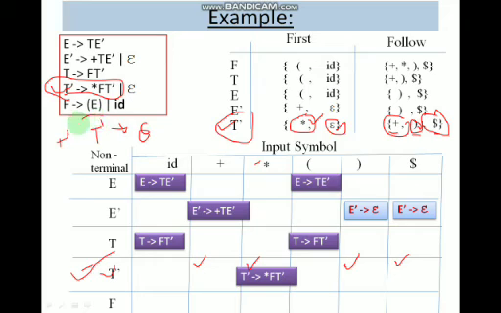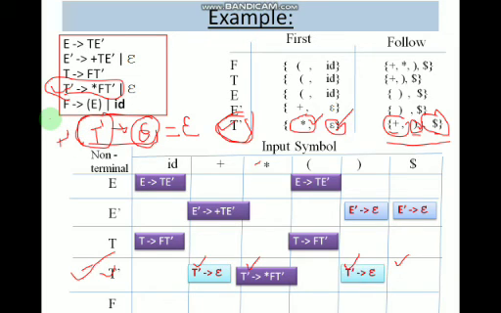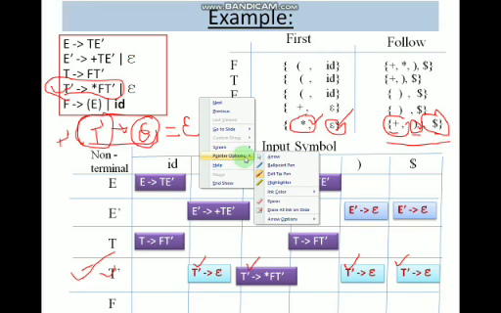Why? Because first of T dash equals first of epsilon. But for epsilon we make entries in follow of T dash. So these terminals are in follow of T dash, and we fill the entry T dash producing epsilon. Look at here, this one and this one.